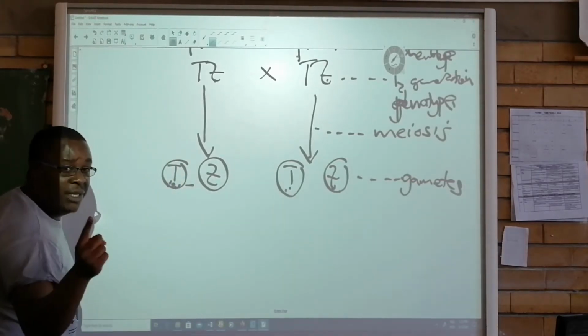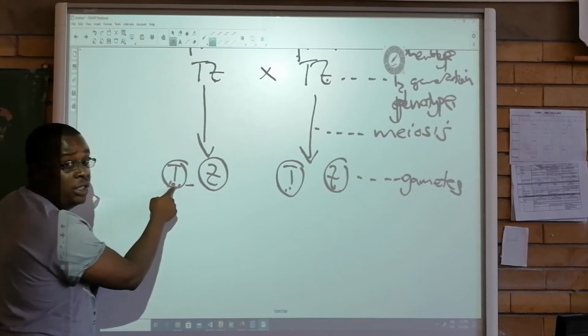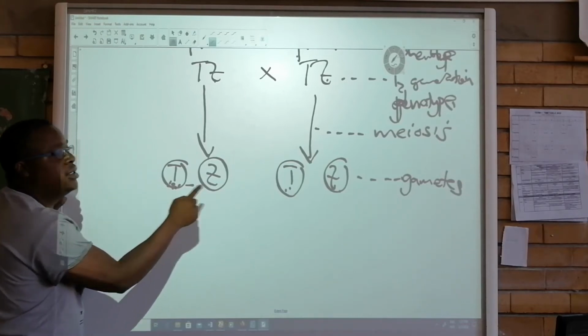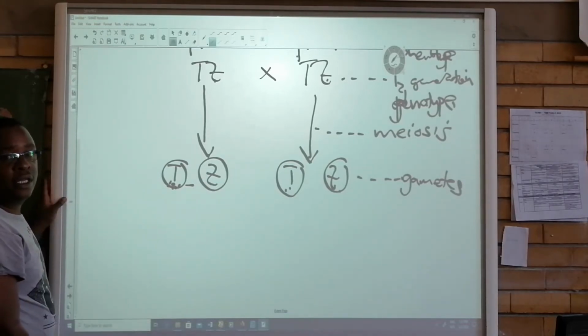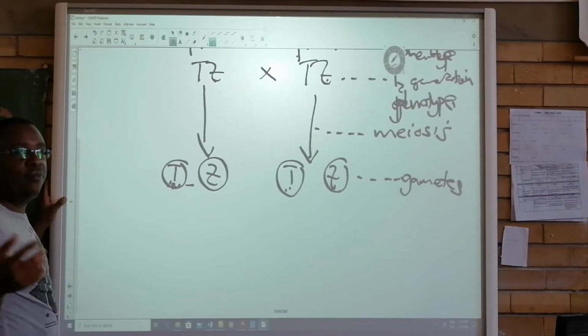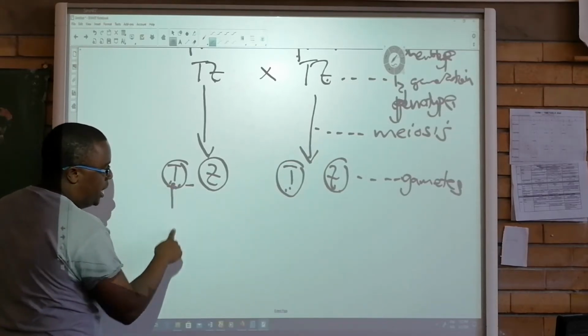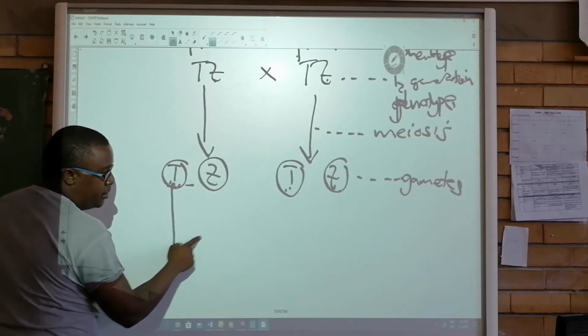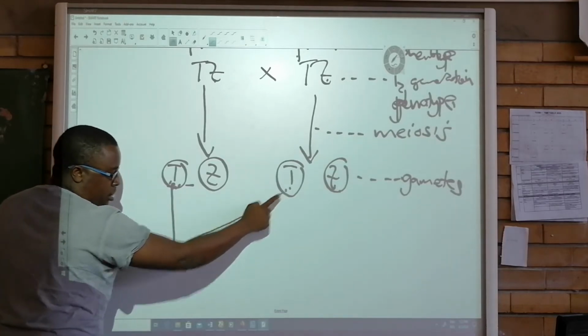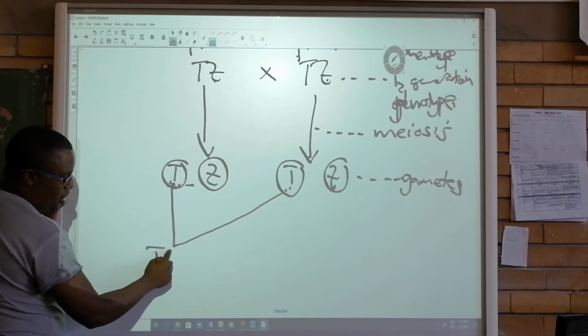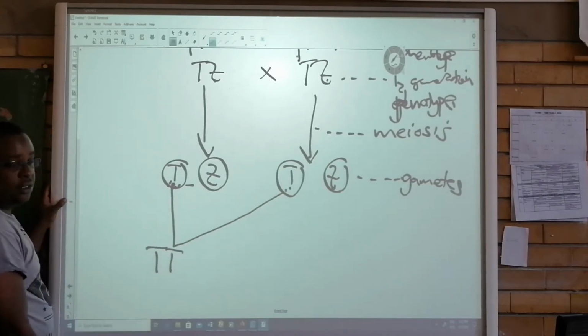So take one gamete, my choice is this one, it's the beginning, and fuse it, see the resulting probability for possible genotypes. So this one can go with a straight line to that one. What do you get? Homozygous dominant.